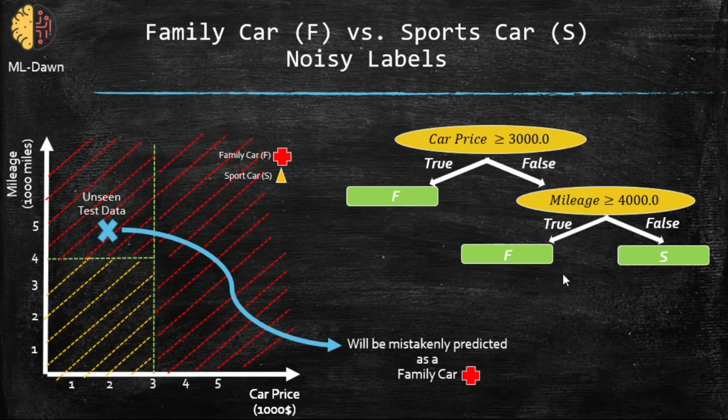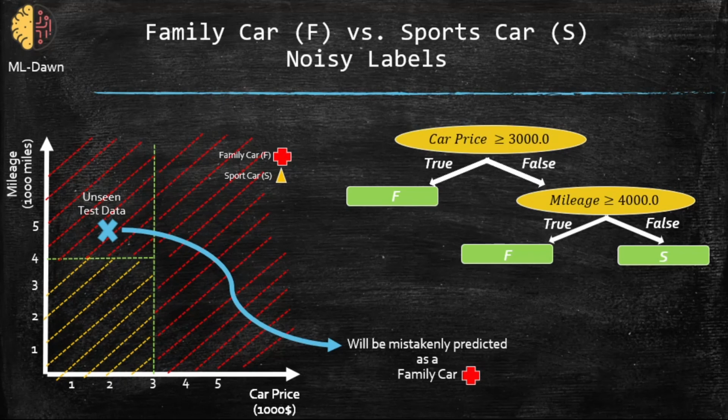Your algorithm is going to say it is a family car because it falls in the red region. But remember, the only reason it thinks this region belongs to family cars is because of those two wrongly labeled data.